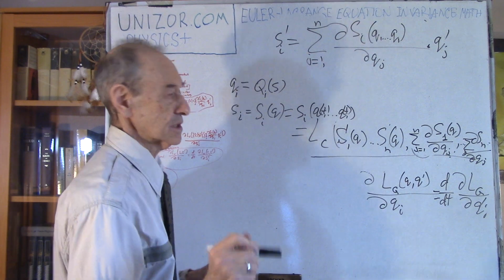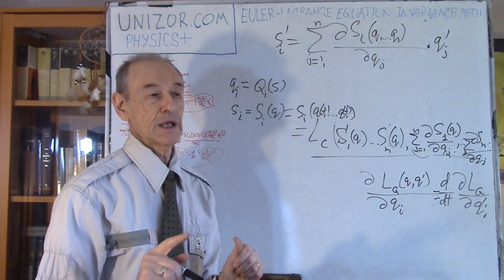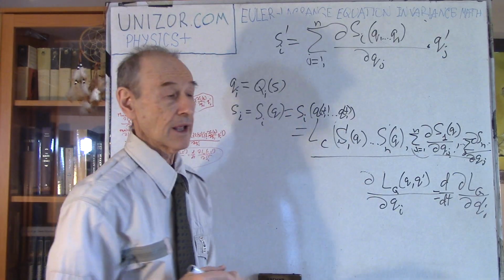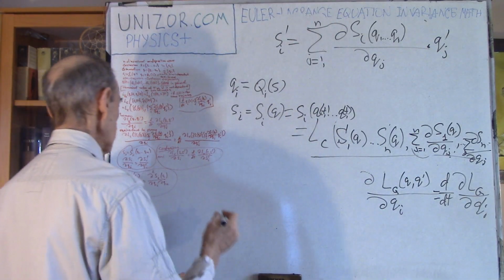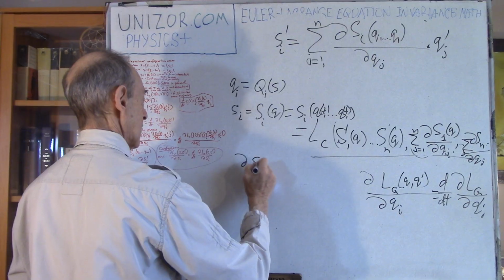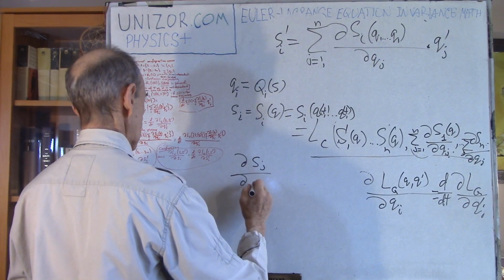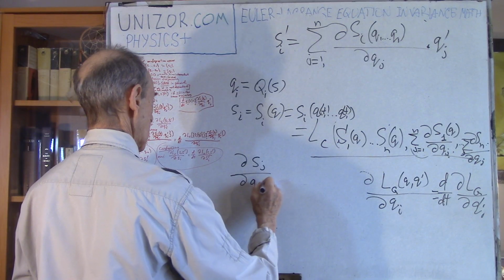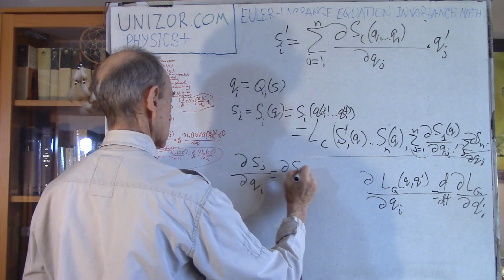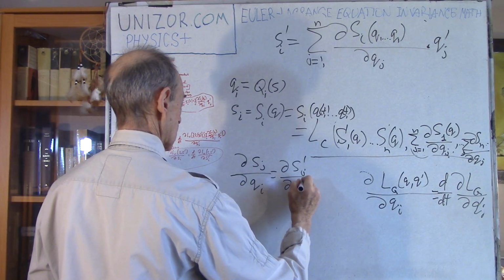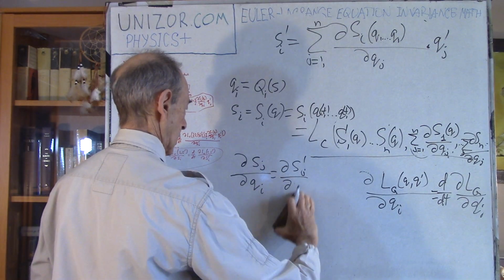One of the interesting details was already discussed in my lecture in the same chapter called Lagrangian Math. One of the things in Lagrangian Math was dS_j by dq_i is equal to dS_j prime by dq_i prime.